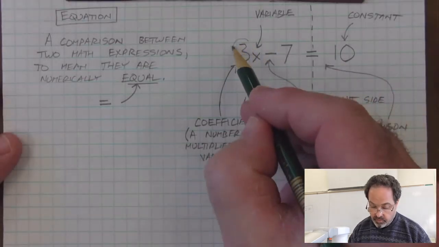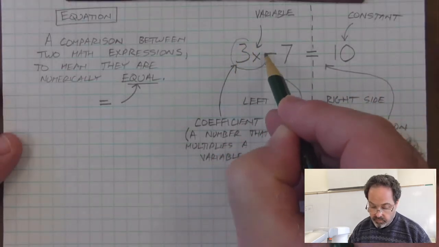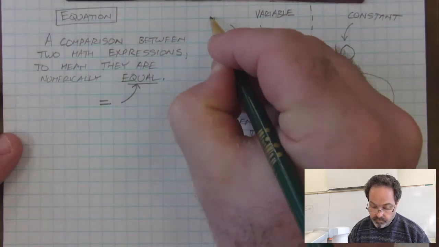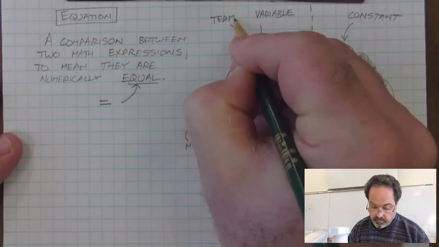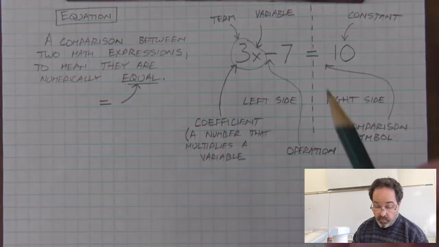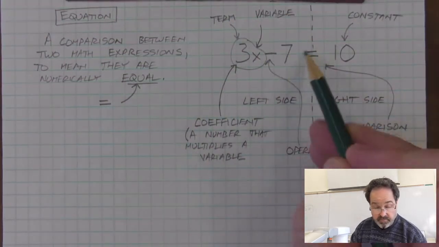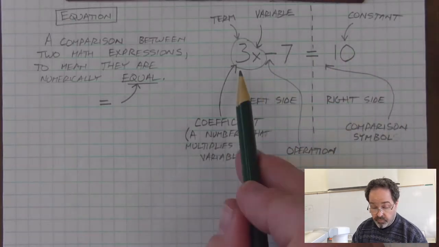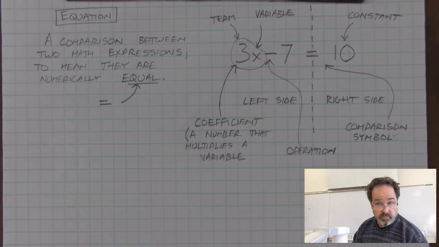This, we can also remind ourselves, is a term. So is the -7, and so is the 10. There are three terms in this equation. We've just highlighted and labeled one to remind us.